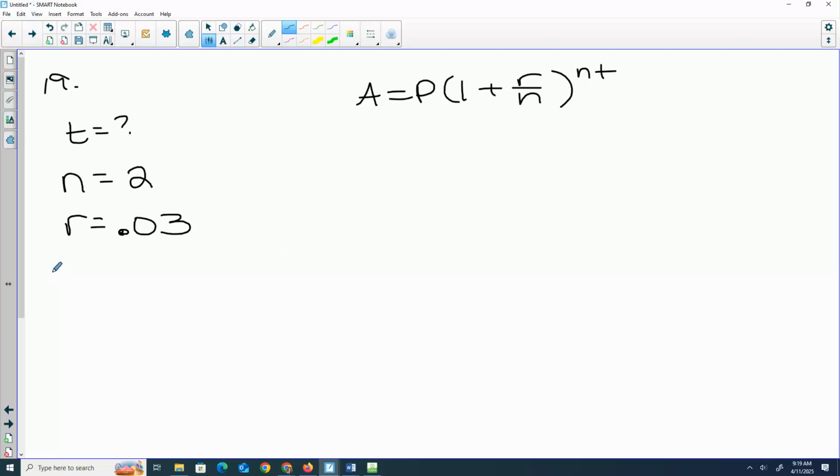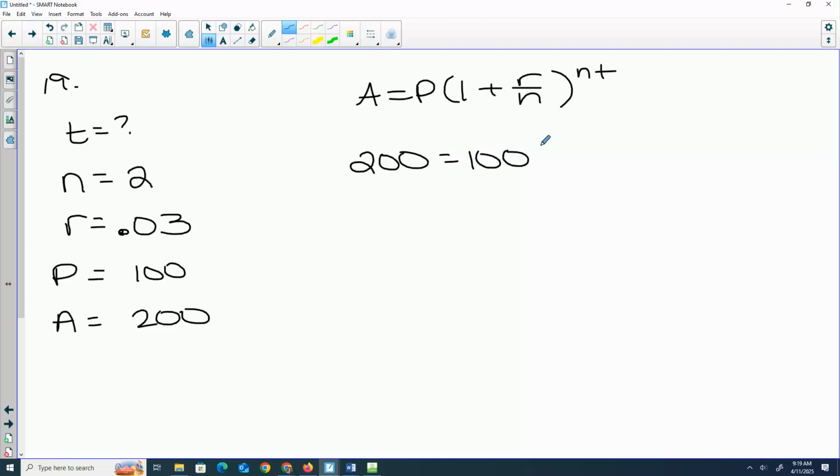Okay, I did not give you P or A, but I said find the doubling time. So if I started with 100, what would I have to end with? 200, because I wanted the time it takes to double. If I said triple, then you would end with 300. So if we plug in, make sure if you didn't have this correct, you are fixing it as we go.